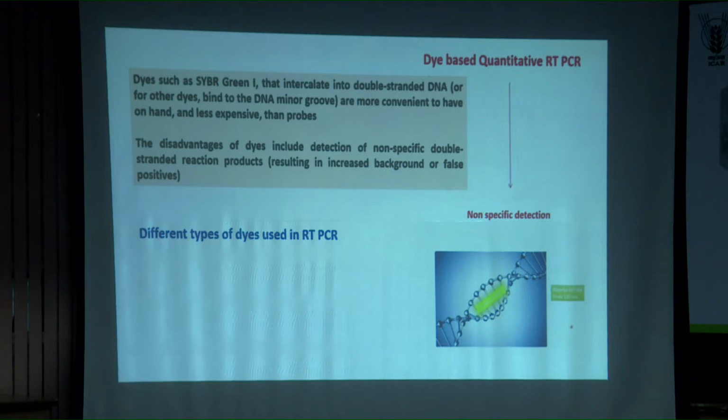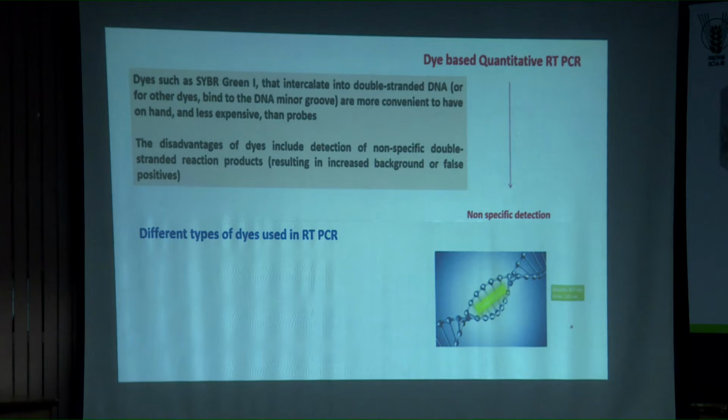All of you must be knowing there are certain chemicals that go and bind to double-stranded DNA. Ethidium bromide is the classical one, right? And we use an alternative fluorescent dye in our real-time PCR, that is what is called SYBR Green.